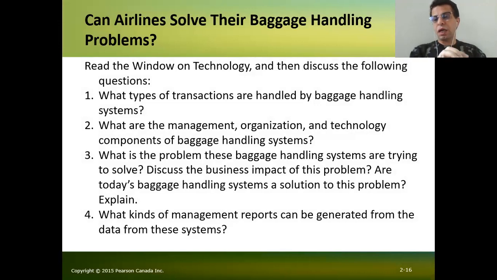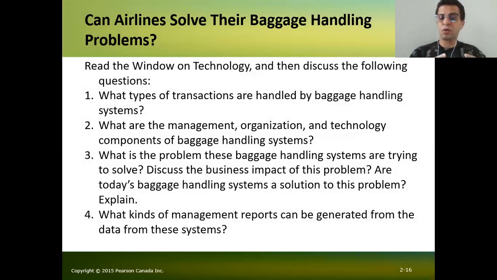Now, this is a case where I'm not going to talk about it so much, but I'm just going to give you an example that we've run into. It's about whether airlines can solve their bag handling problems. What type of transactions are handled by the bag handling system?